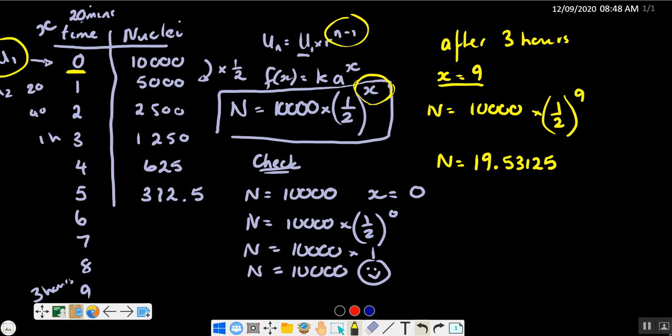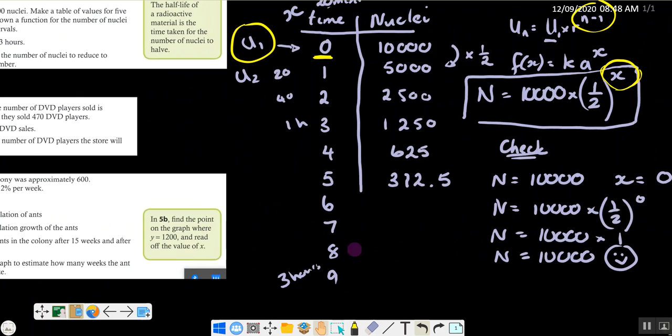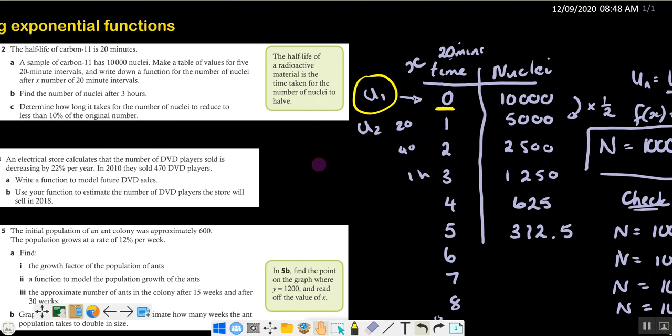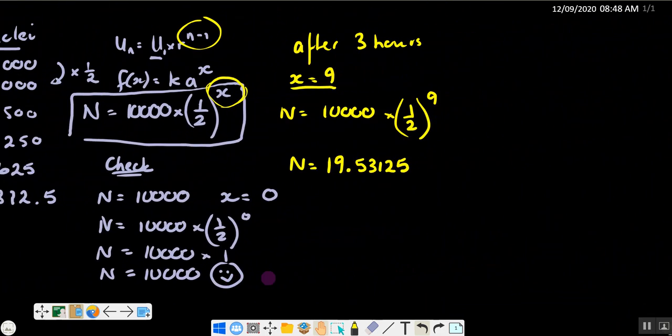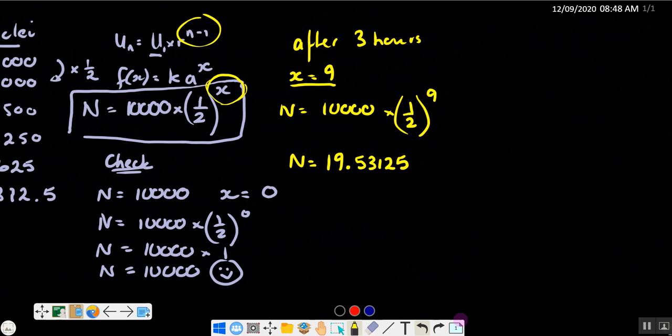What did it ask you? Did it ask you to do anything in the question? Doesn't say round it or anything. How many nuclei is it possible to have? So it wants us to go down. You can only have a whole. Well, they're objects. So it has to go down.